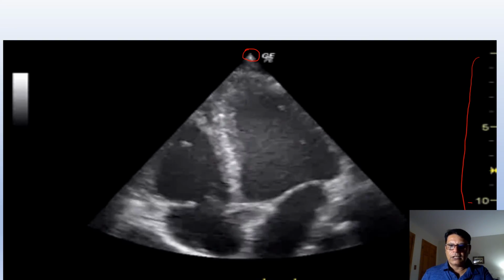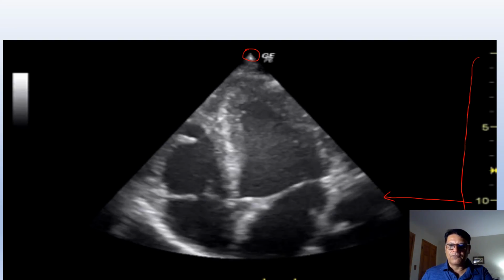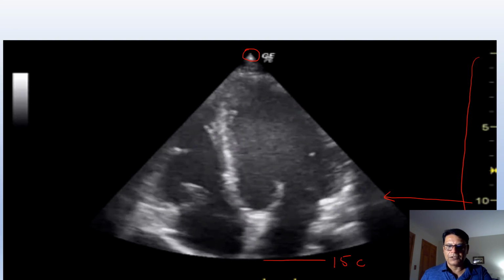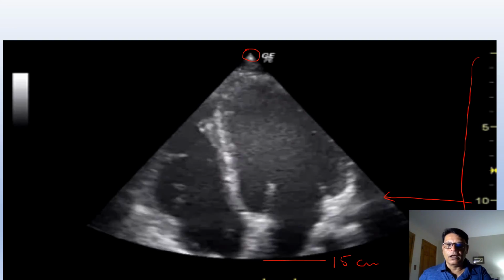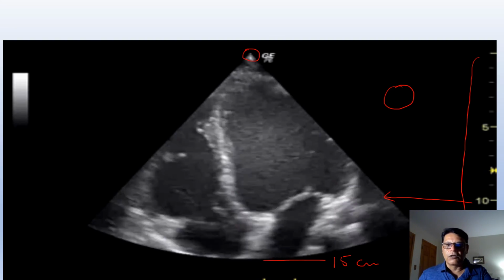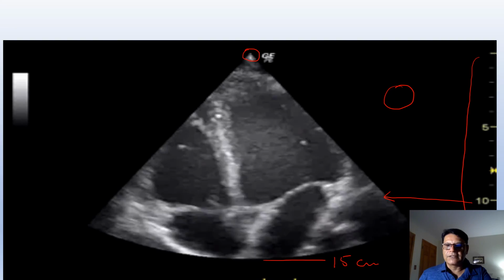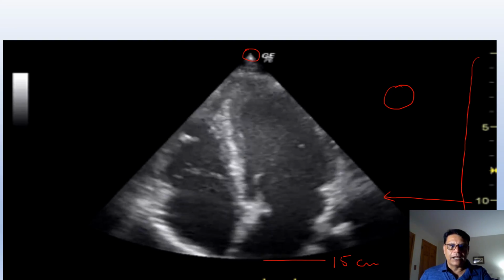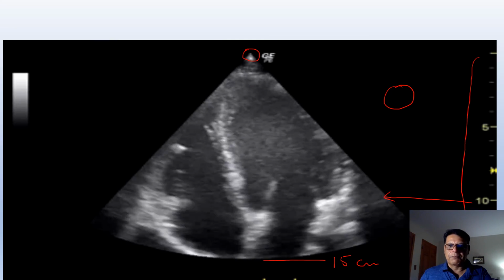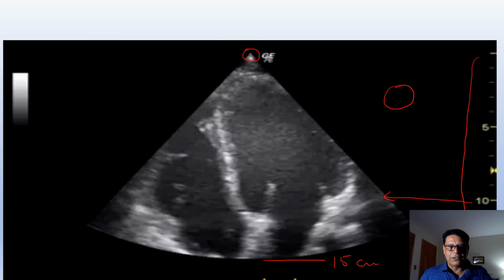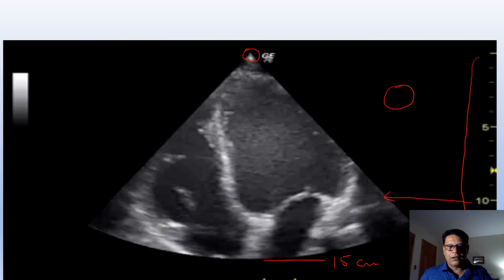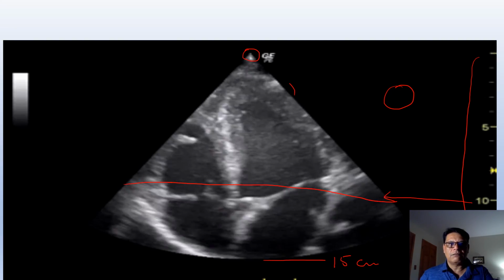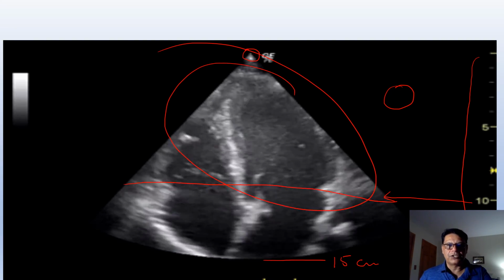Here it is the depth of 10 centimeter, and here is the depth of 15 centimeter. So when you move the knob on the console, the scale will change, and if you keep the scanning depth 10 centimeter, then you will be able to see this portion of the image.